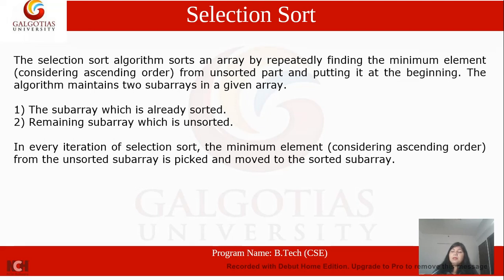Once we find the minimum element in the unsorted array, we place it in the sorted sub-array as the first element. In every iteration of selection sort, the minimum element, considering ascending order, from the unsorted sub-array is picked and moved to the sorted sub-array. I hope this theory will be clearer if we see an example.